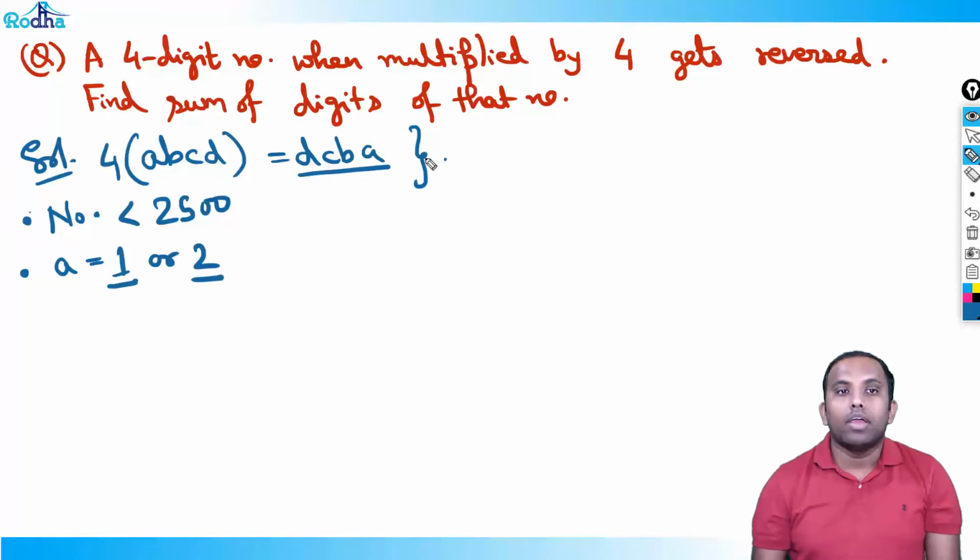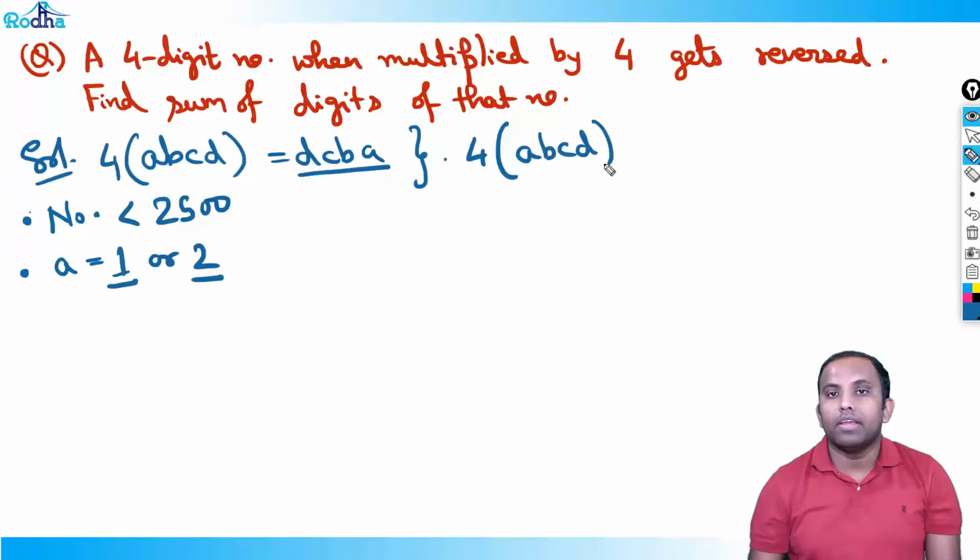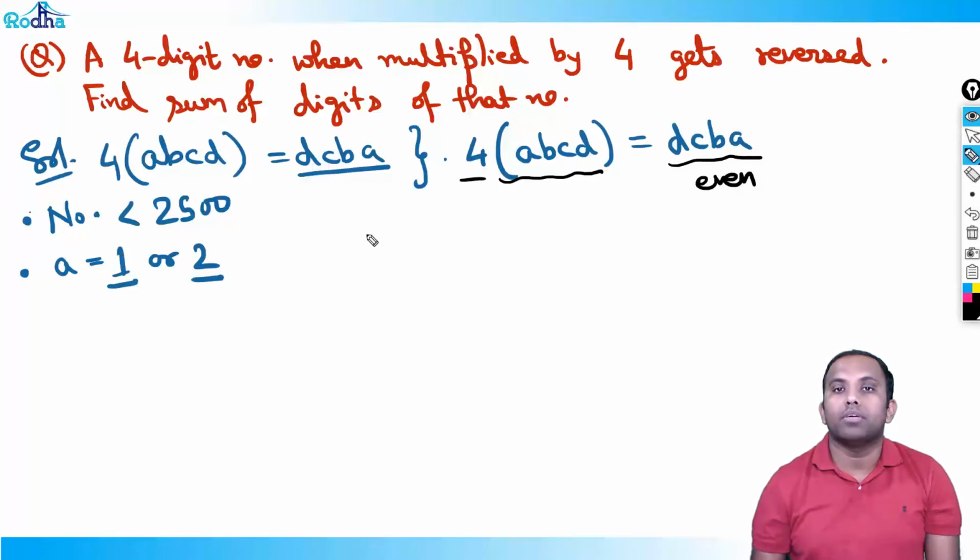Right, now if A is equal to 1 or 2, you can observe here that 4 into ABCD becomes DCBA. Now you can sense that any number multiplied by 4 will become an even number, right?